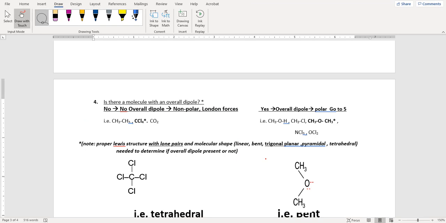So if I had a molecule like this, HCl, then yes, there's an overall dipole, so I have to go to step 5. If I had a molecule that looked like this, oops, that's pure hydrocarbon. That's too easy.